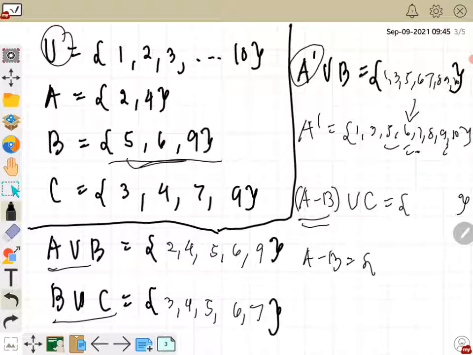Again, these are the elements that you can find in A, elements of A, but not elements of B. And basically, that's 2, 4, because there are no 2 and 4 in set B. So A minus B is 2, 4. So combining it with C, we have 2, 3, 4, 7, 9. So that is basically how we take the union of two sets.